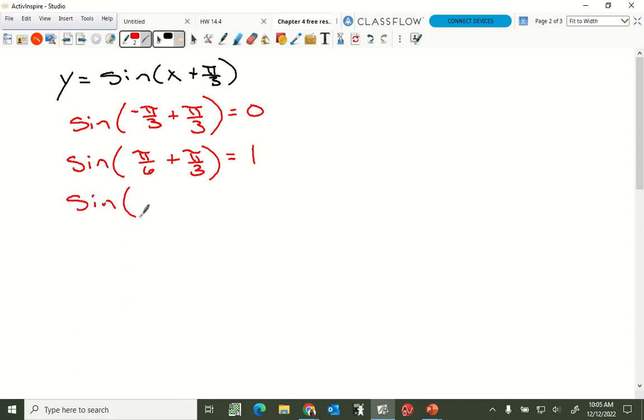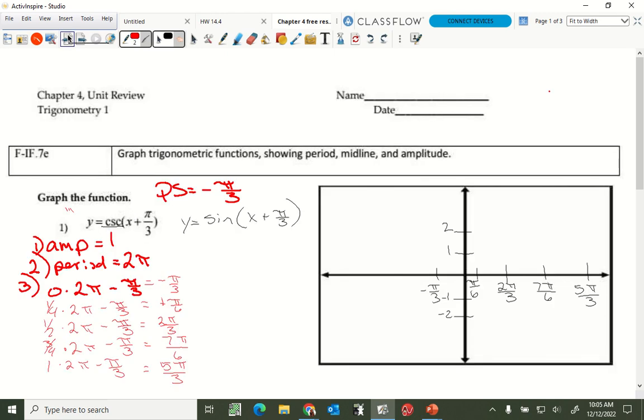Sine, something over 3, right? 2 pi over 3.